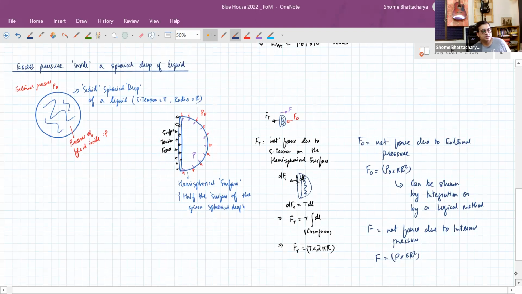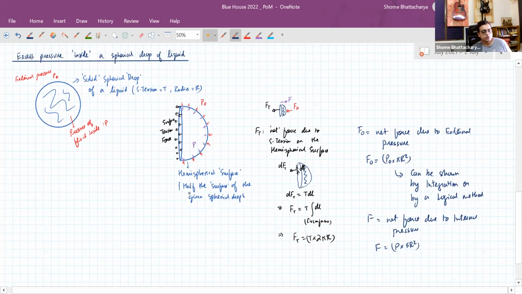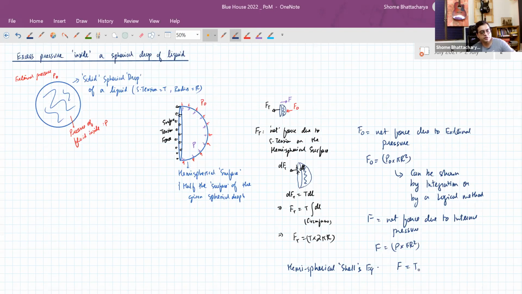So now when we see the balance of forces, the equilibrium of the hemispherical shell could be established by the fact that F balances the force due to external pressure plus the surface tensional force.